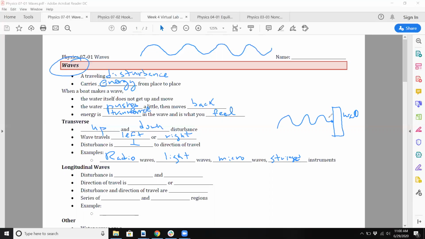You have a piece of string. So the motion of the wave, so the wave travels horizontally, of course, right?